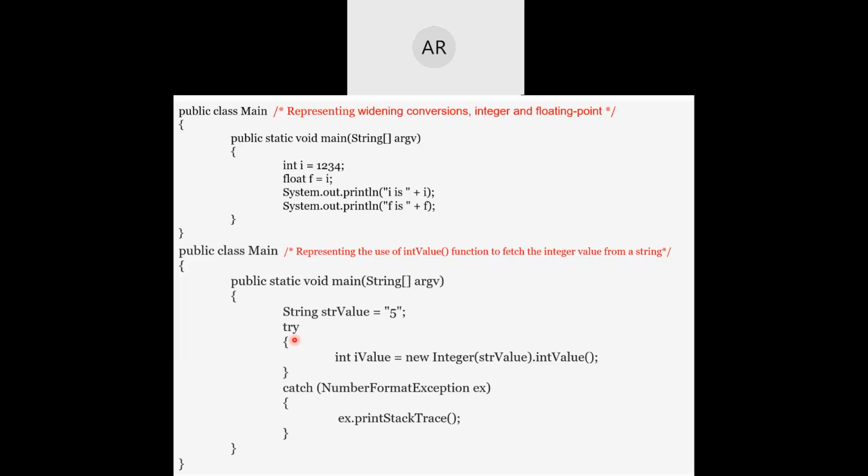The thing is, while converting this one, we know that string is a bigger data type, integer is a smaller data type. To convert bigger to smaller, there may be loss of data also, and the conversion may not succeed. If the conversion is not succeeding, or if there is loss of data, then our program will get corrupted.